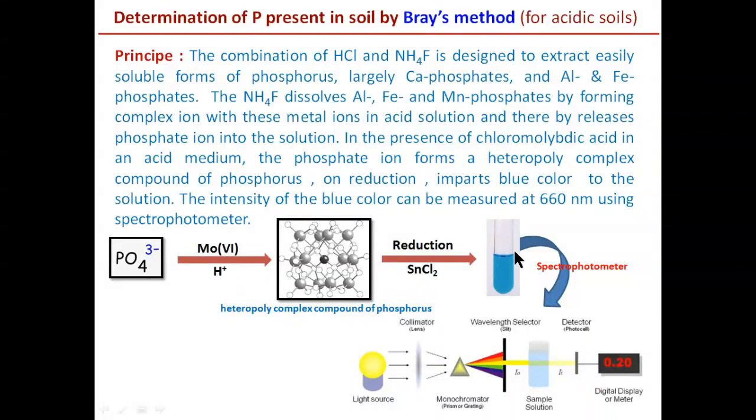The intensity of the blue color solution can be measured at 660 nanometer using a spectrophotometer. Compared with the standard phosphate solution, the color is directly dependent on the concentration of the phosphate ions present in the solution. In this way we can easily determine the presence of phosphorus in the soil sample, in acidic soil samples.